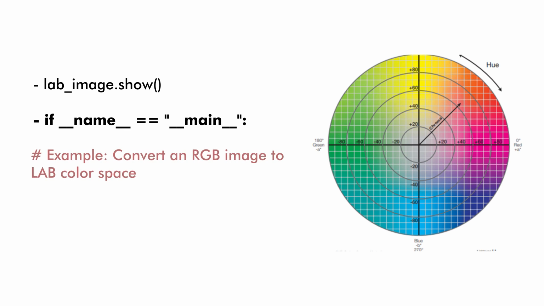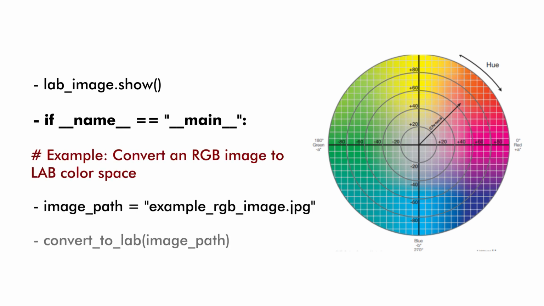As a summary, we can replace example_rgb_image.jpg with the path to your existing RGB image. The code will open the RGB image, convert it to lab using the convert method with the RGB mode, and then save the converted image as converted_lab_image.png.